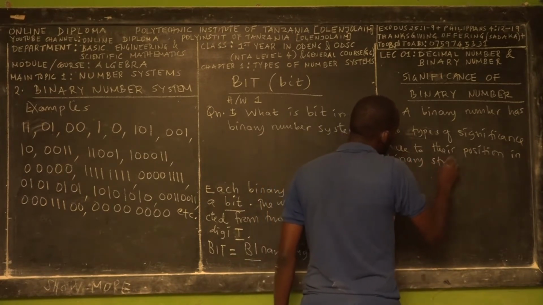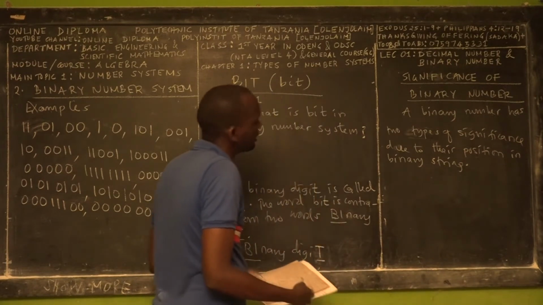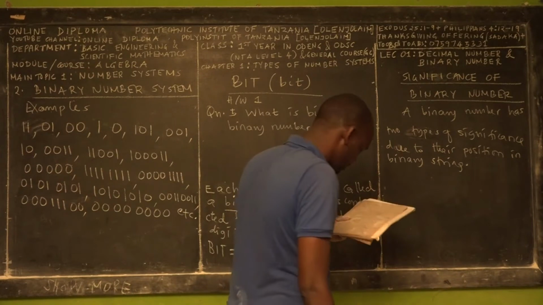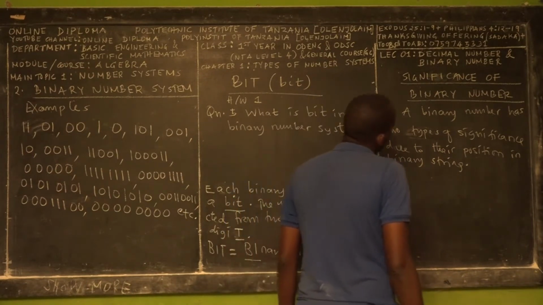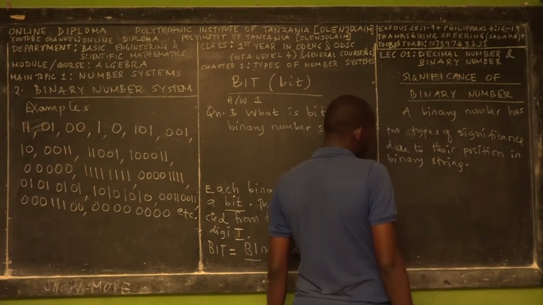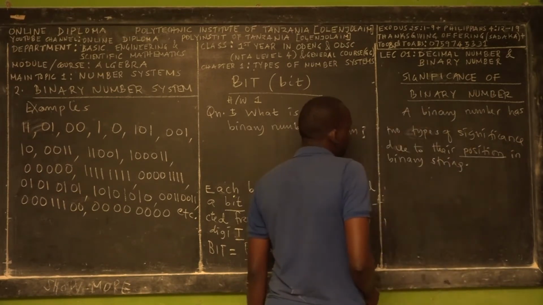In binary stream, we have the most significant bit and the least significant bit. It depends on the positions in the binary stream.